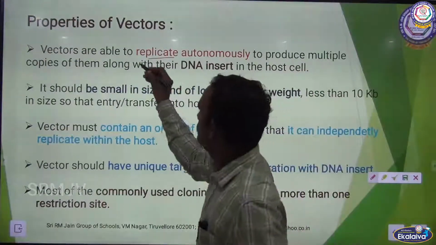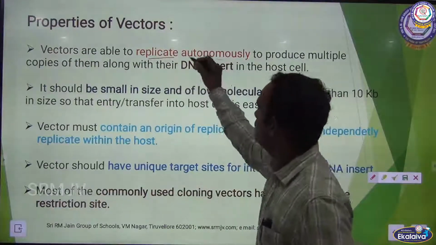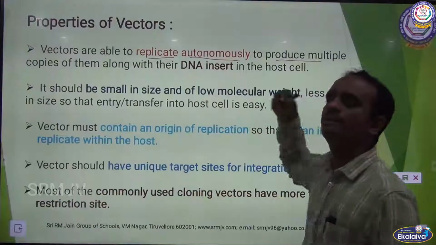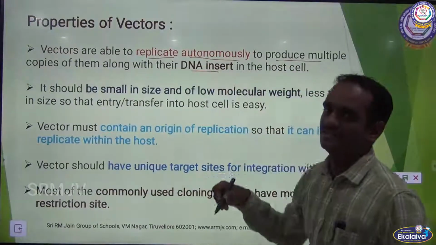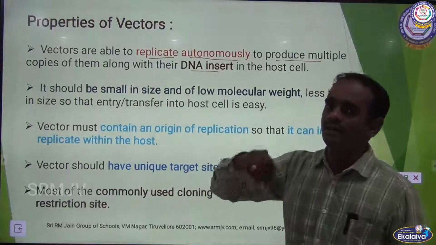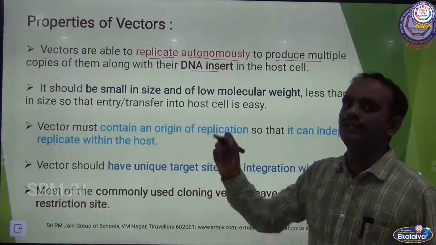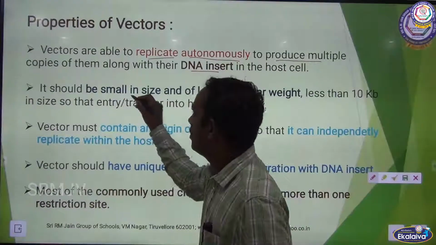So vectors also have the ability. Vectors are able to replicate autonomously to produce multiple copies of themselves along with their DNA insert. If any DNA is inserted inside the vector, it replicates itself along with the DNA insert. Clear, children?